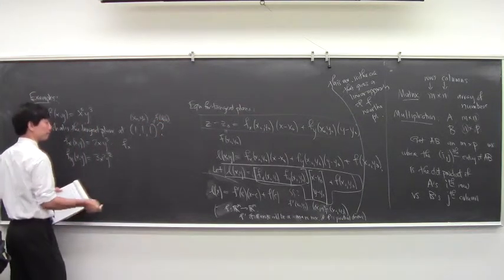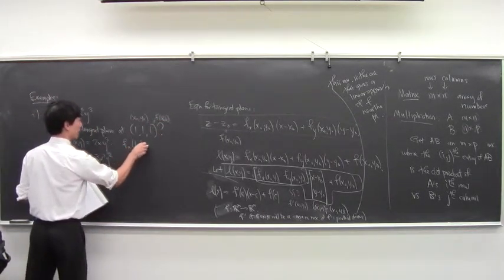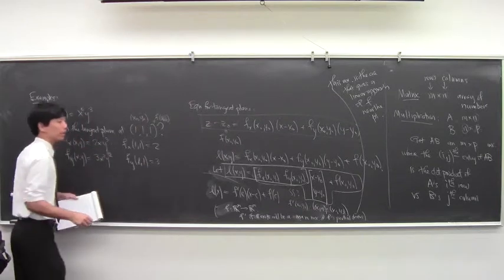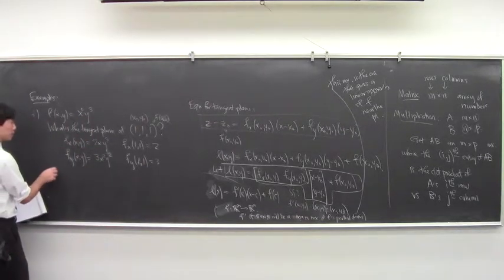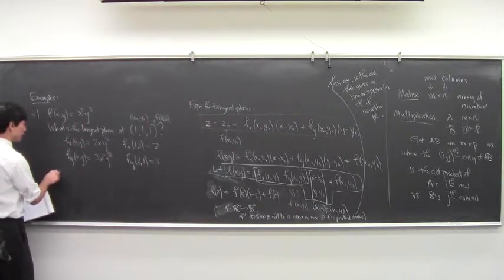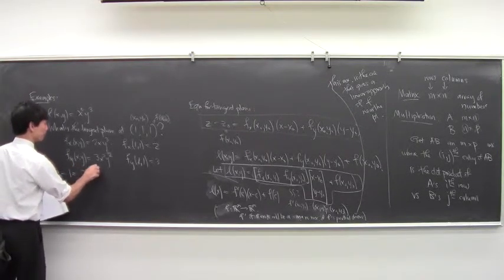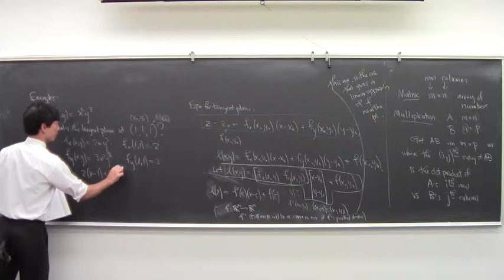So f sub x at 1, 1 is going to be 2. F sub y at 1, 1 is going to be 3. And so you write down the equation: z minus 1 equals 2 times x minus 1 plus 3 times y minus 1.